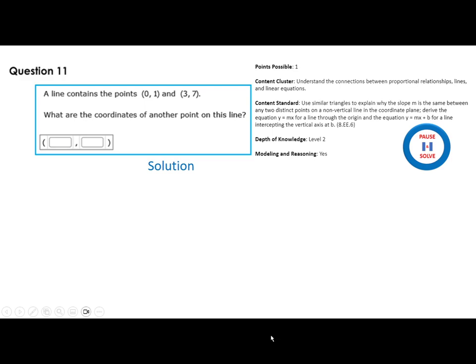A line contains the points (0, 1) and (3, 7). What are the coordinates of another point on this line? So let's find the equation of the line passing through these 2 points. Call one of them x1, y1, the other one x2, y2. Get the slope first. Slope is y2 minus y1 over x2 minus x1.